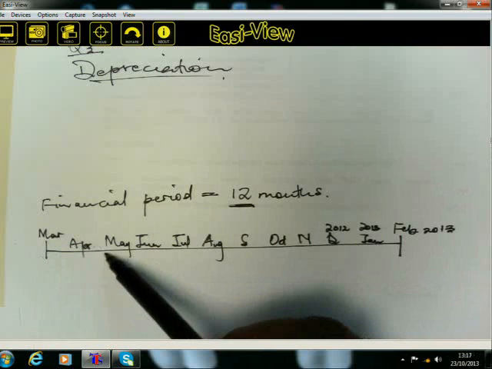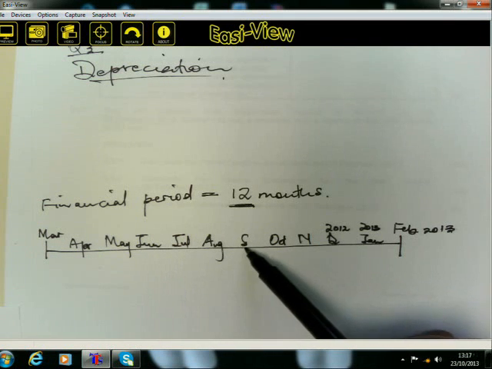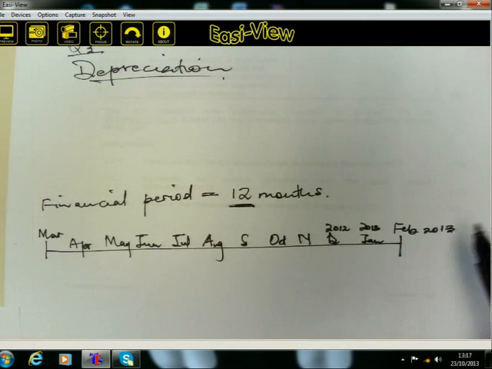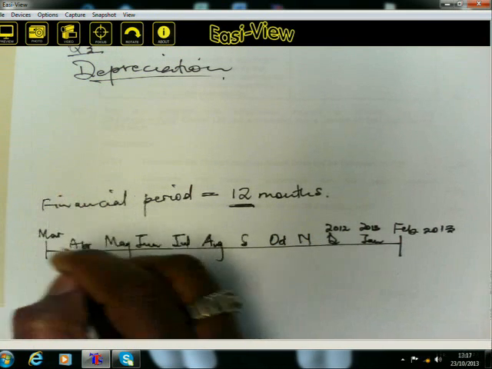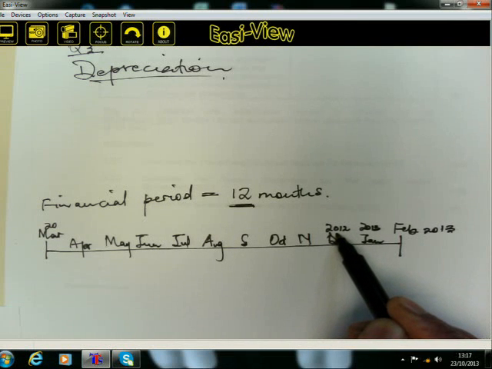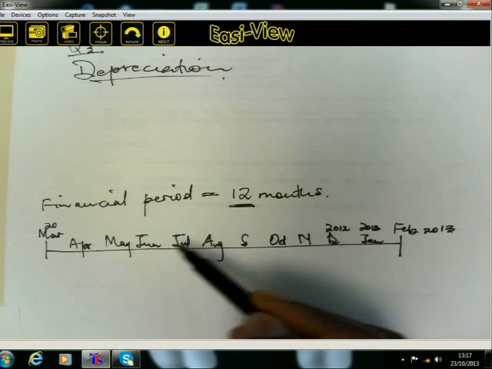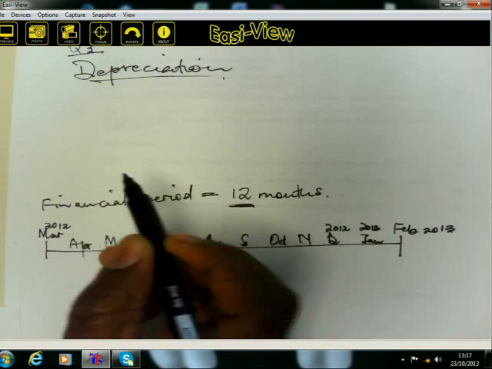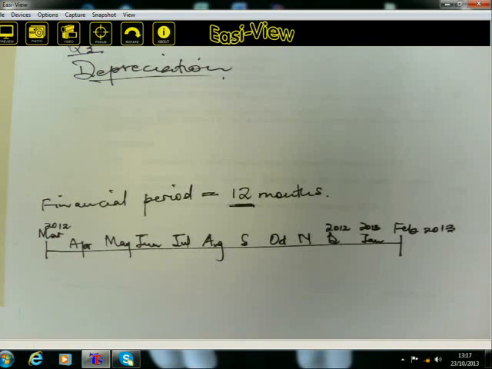Count: 1, 2, 3, 4, 5, 6, 7, 8, 9, 10, 11, 12. So this is our financial period. Remember, when I arrived here, I said December 2012. I'm counting backwards, so it will be March 2012. This is how we make the 12 months.